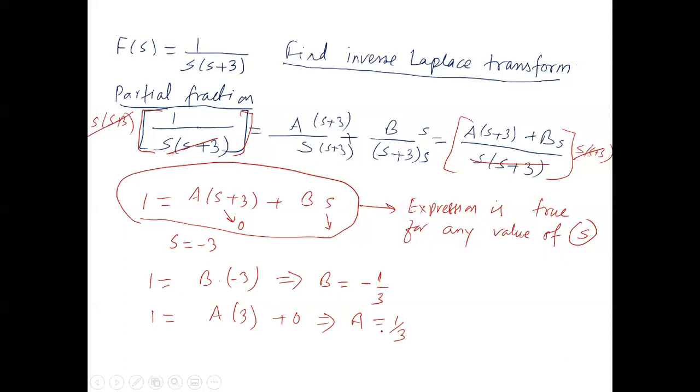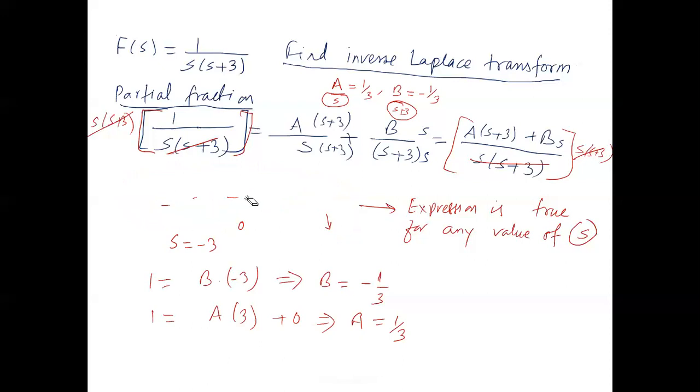So now you have a equals 1 over 3, b equals -1 over 3. So a is for a over s, and b belongs to s plus 3. Okay, I'm gonna erase all this now.